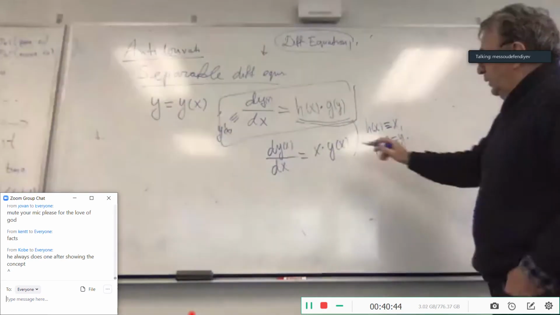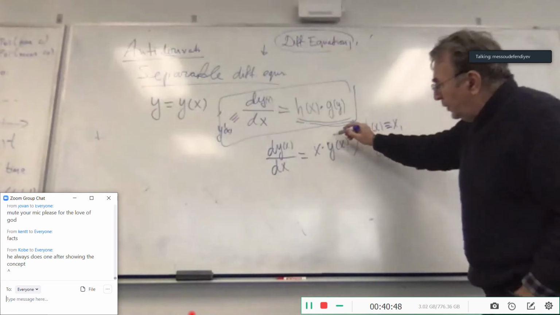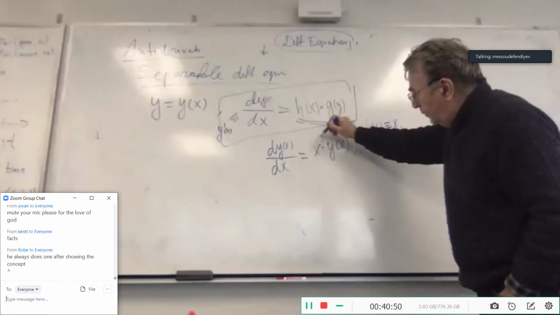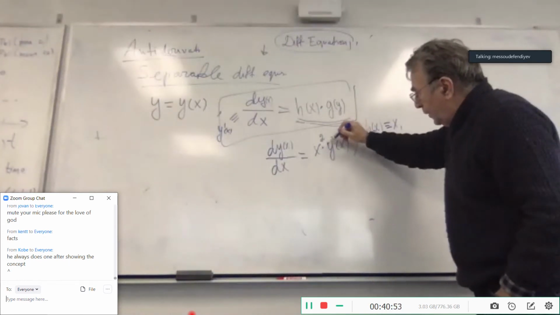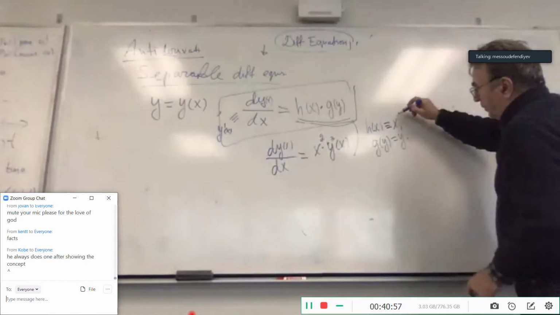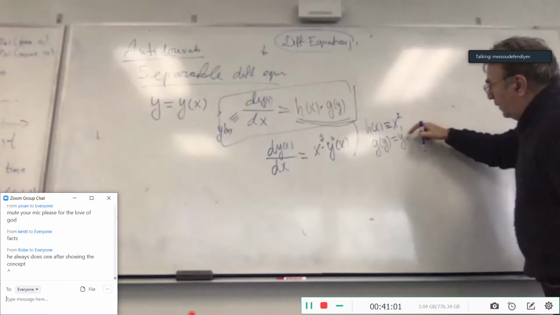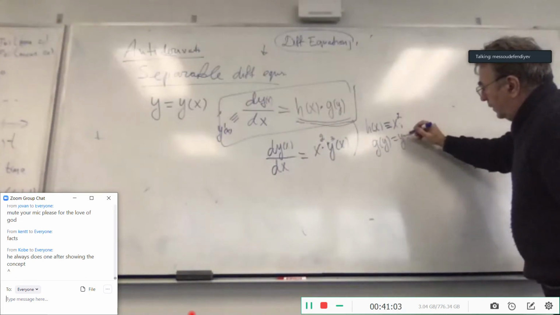Or you can write, this is y. You can write, for example, x squared times y cubed. In this case, h of x will be x squared, and g of y will be y cubed.